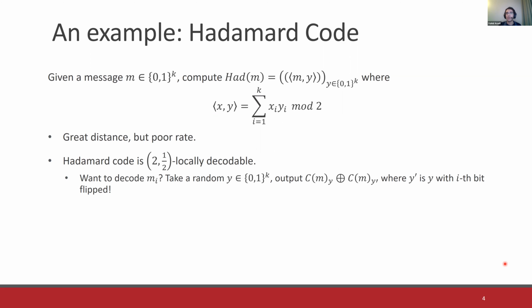You just output the XOR of the corresponding bit in the code word for that string with the corresponding bit where you flip the i-th bit of that string, and with some high probability, you get the i-th bit of the message. And this is conditioned on the given word being corrupted in less than half of the coordinates.